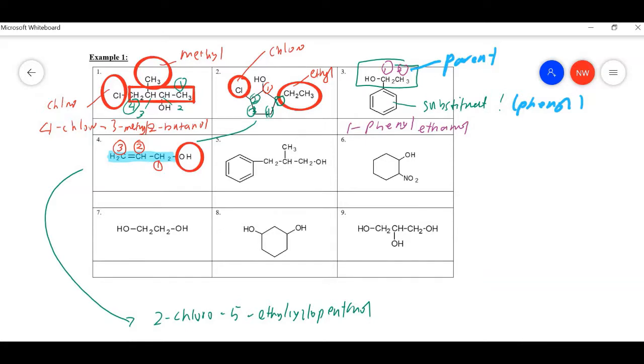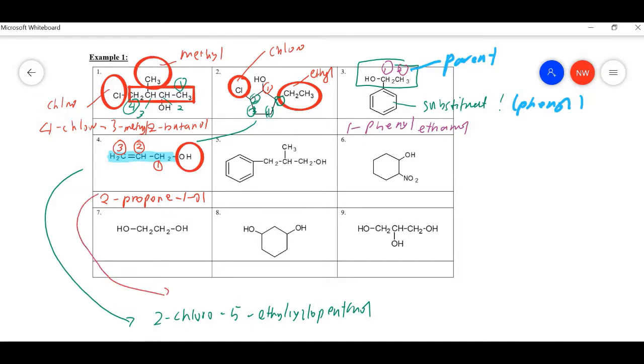3 carbon bermaksud ending dia mesti menjadi propanol. Position untuk double bond nombor berapa? Position double bond nombor 2. So 2 propene 1 ol, ataupun 2 propenol.